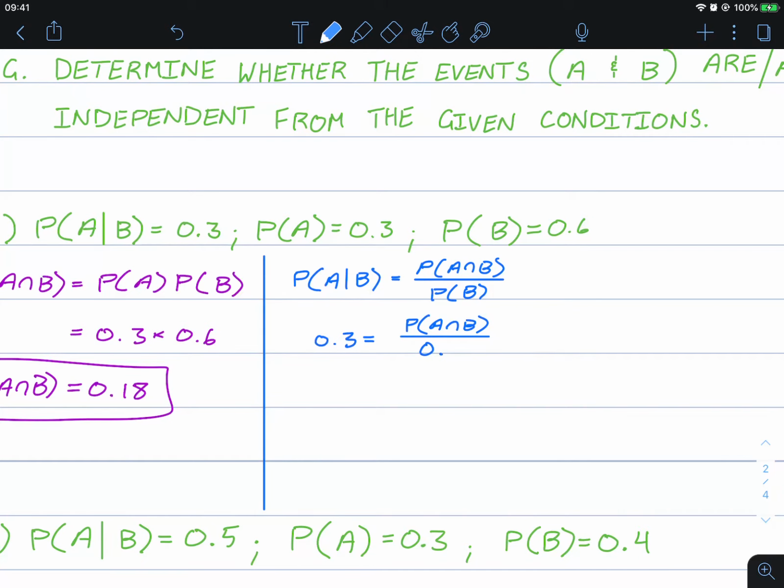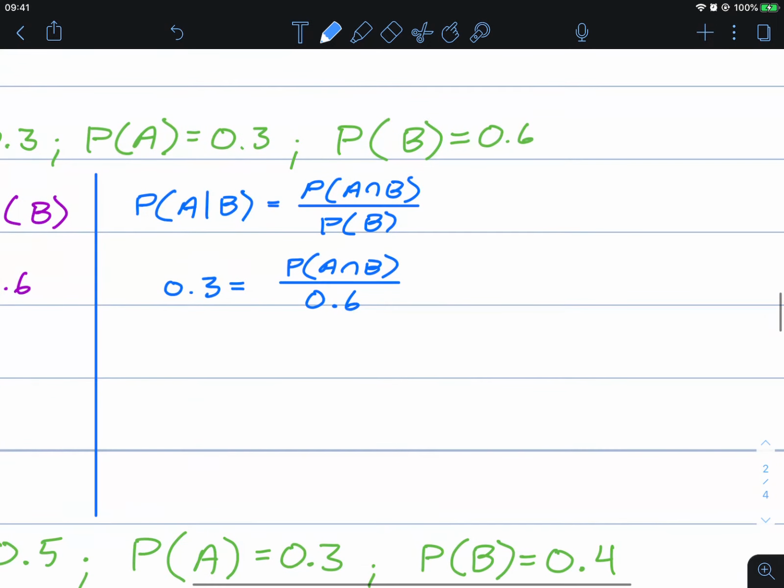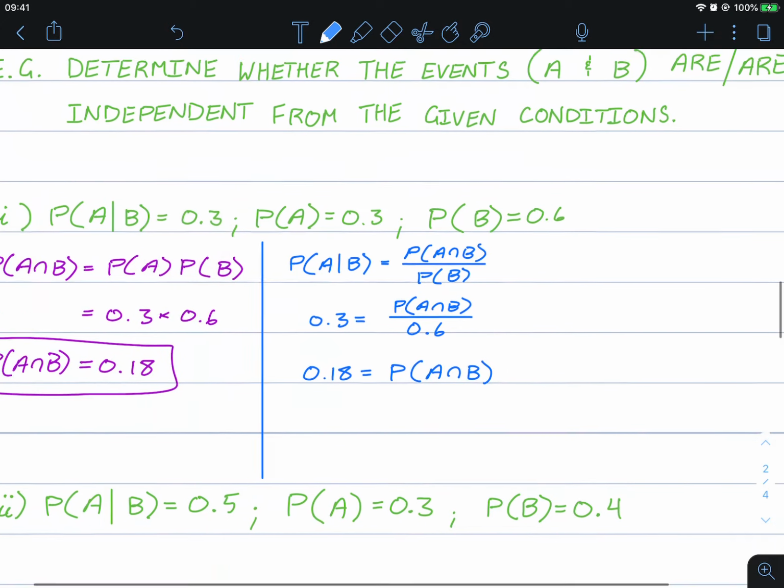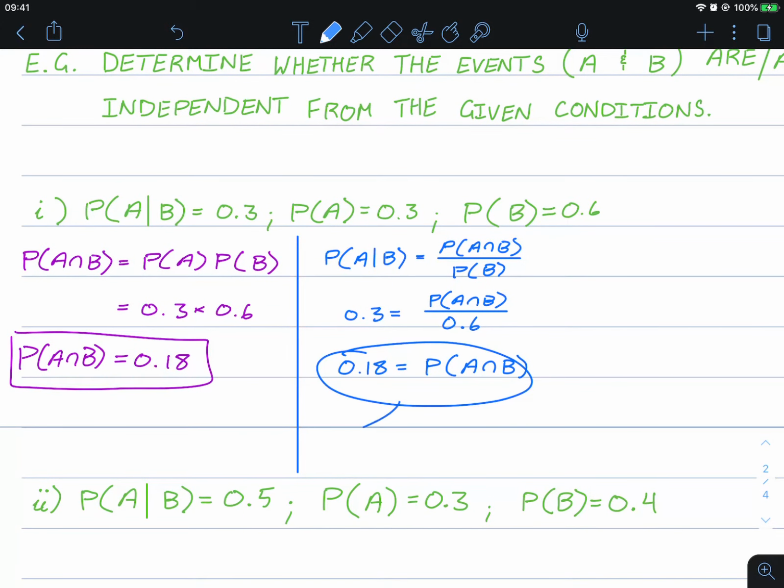So 0.6. Using some algebra, I'm going to multiply this to this side. So 0.3 times 0.6, that's 0.18, is equal to the intersection of these two. Notice how this is equal to what we are looking for.